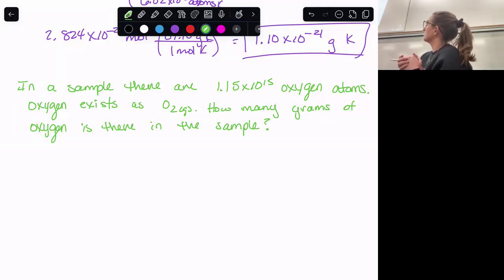And we know that oxygen exists as O2 gas, so we have oxygen bonded to oxygen. How many grams of oxygen are there in this sample?